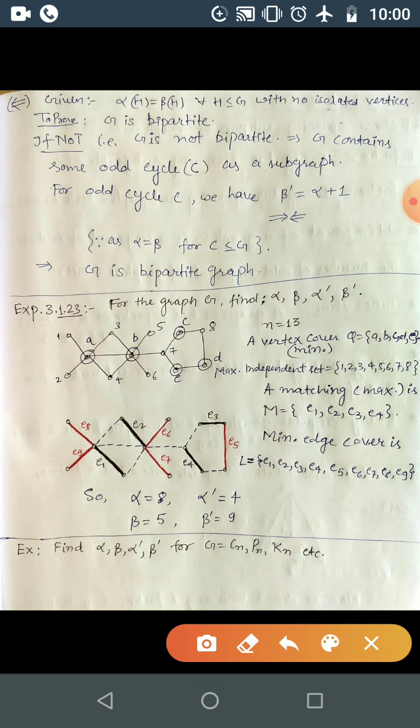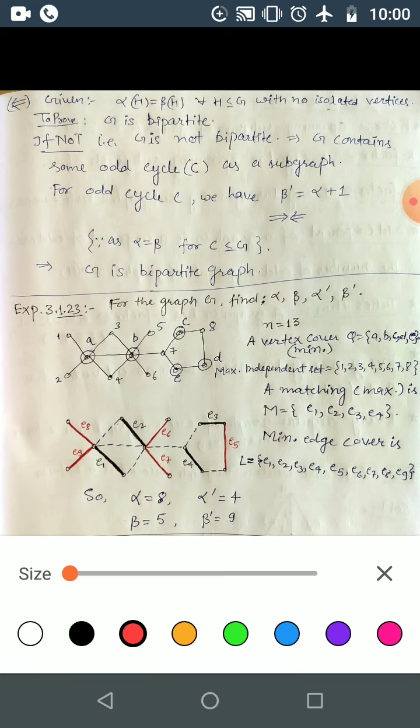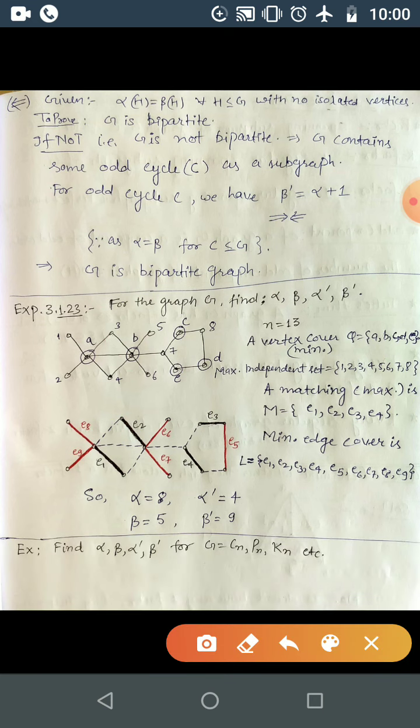Now you need to find out maximum matching as well. So maximum matching I have just drawn here. So here you can just consider maximum matching is, take this C5 part, out of C5 part this edge will be working, then you can take this one, this edge, this one edge, this one edge.